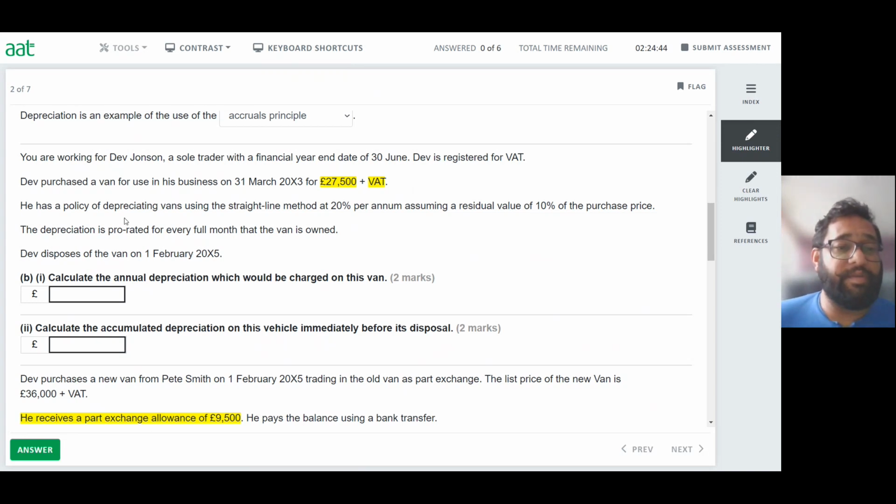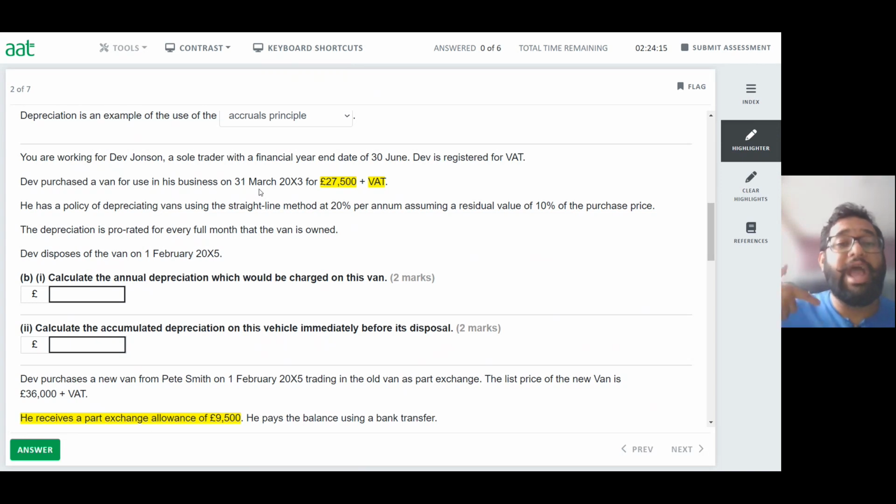He has a policy of depreciating vans using the straight line method at 20% per annum, assuming a residual value of 10% of the purchase price. The depreciation is prorated for every full month the van is used. So we also have to consider very carefully, because it is straight line for the depreciable amount. We have to find out what it is. And then it will be depreciated pro rata per full month of usage.